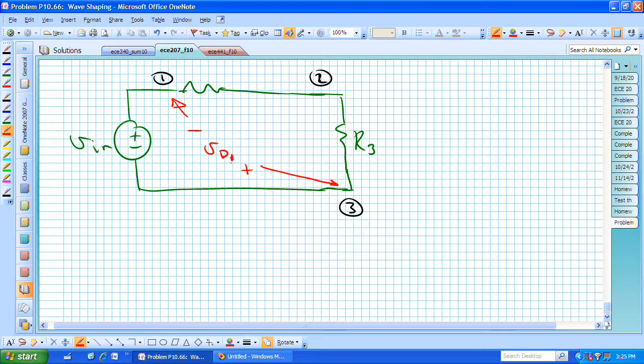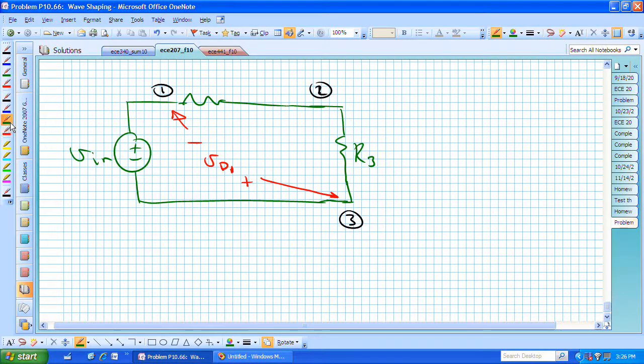And now Vn is positive. We want V sub D1 to be negative, and I hope it's clear that that's the case in this configuration. This was resistor R sub 2 connected between node 1 and node 2, and between node 2 and node 3 we also had our load resistor R sub 1, which was 2K.